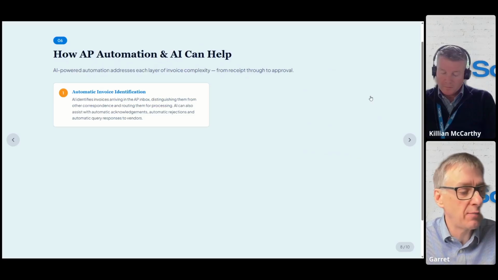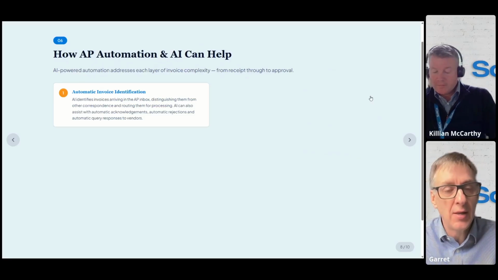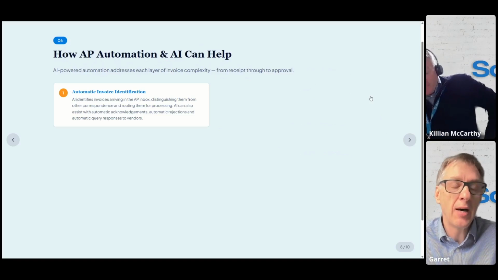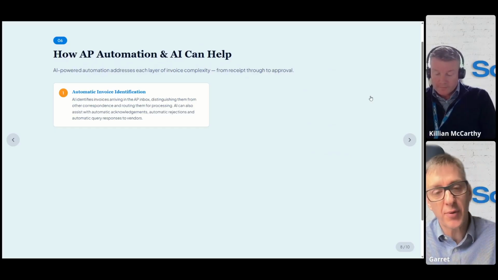So you might have a general inbox where you're receiving your queries, your statements, your invoices. The first thing automation can do is identify which of those emails have invoices in them and send them off for processing.